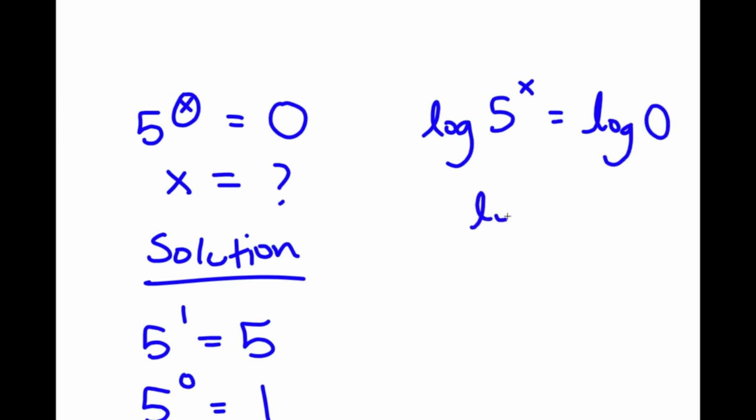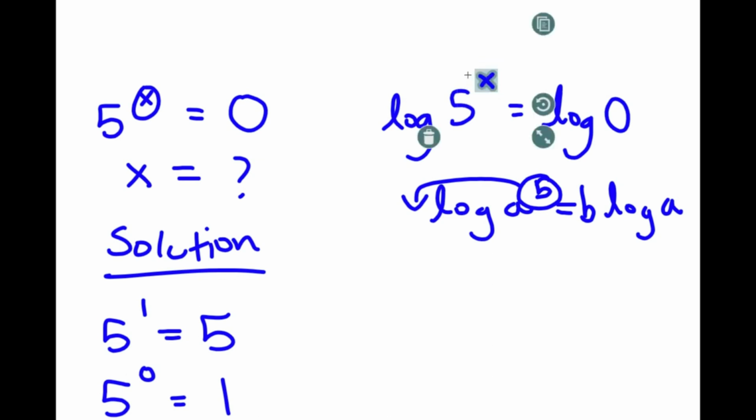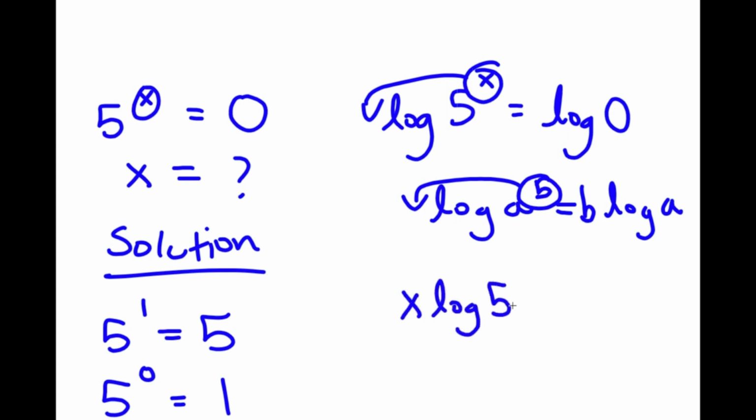Now, if I have something in the form log a to the power of b, I can move this exponent b to the front. So this is going to equal b times log a. So in this case, I have log 5 to the power of x, and I can move x here to the front. So now I have x times log 5 is equal to log 0.